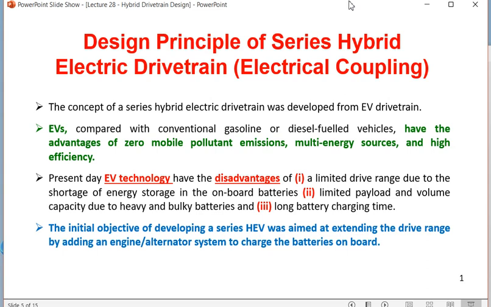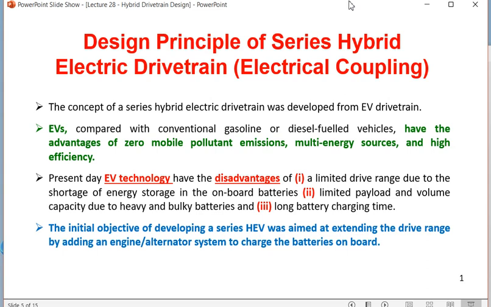That means the vehicle will not be completely electrically driven, but there will be some engine, some alternator, that is a generator, which will be charging the batteries on board, and the batteries will be driving the vehicle. Okay, so we have seen the basics of series hybrid in the previous module.